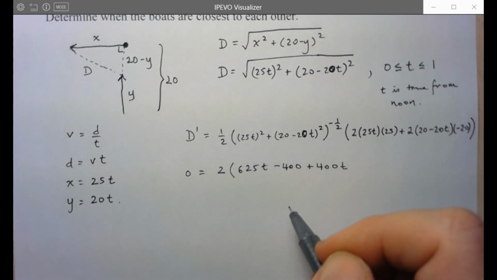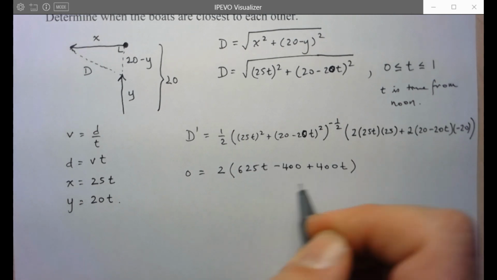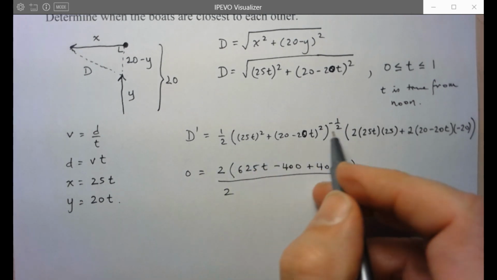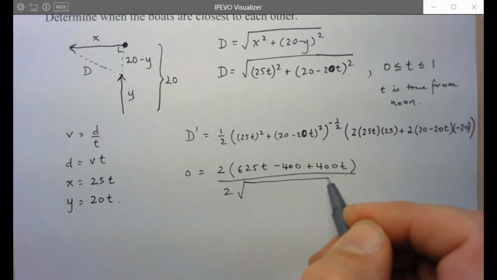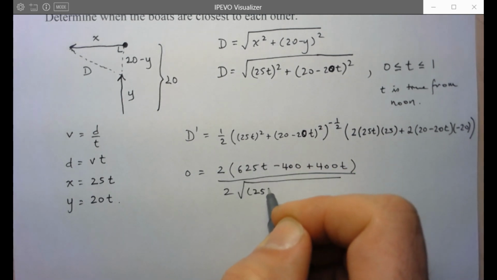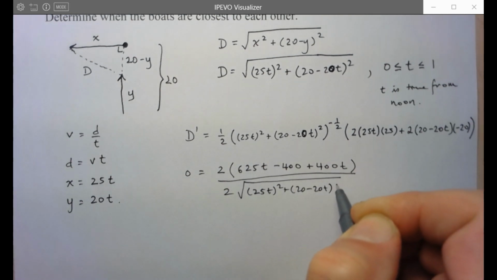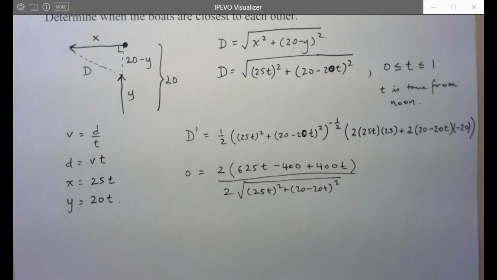And then what do we have in the denominator? We've got 2 times the square root of 25t squared plus 20 minus 20t squared. And hey, these 2's cancel out.